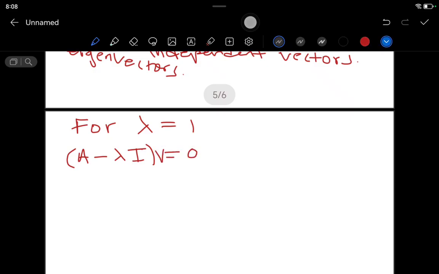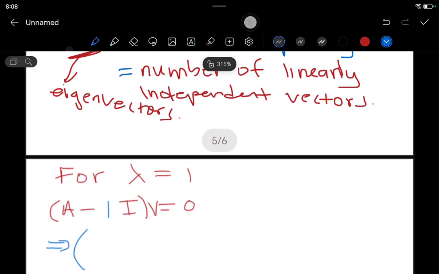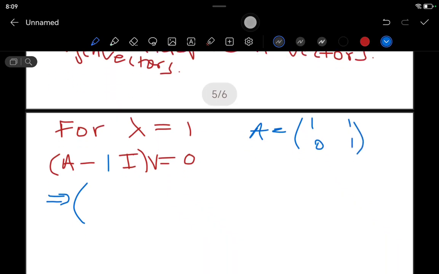So, meaning that lambda is going to be 1, right? Our matrix A was 1, 1, 1, 0. So this is going to be 1 minus 1, 1, 0, 1 minus 1. So this is what we're going to do. And then this will be just x1, x2.